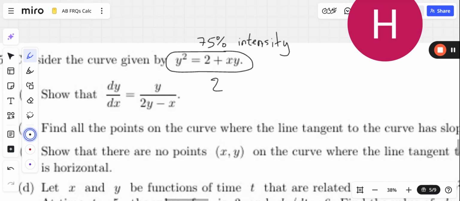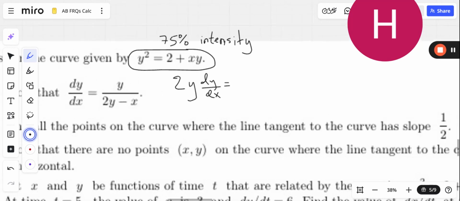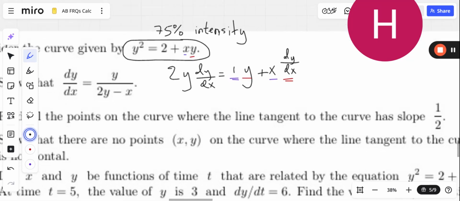The derivative of the left side is 2y dy/dx equals the derivative of 2 is 0, plus we have a product here. How do we do a product? We take a derivative of the first thing, leave the second, plus we leave the first thing and take a derivative of the second. So we're just going to have 1y plus x times dy/dx.